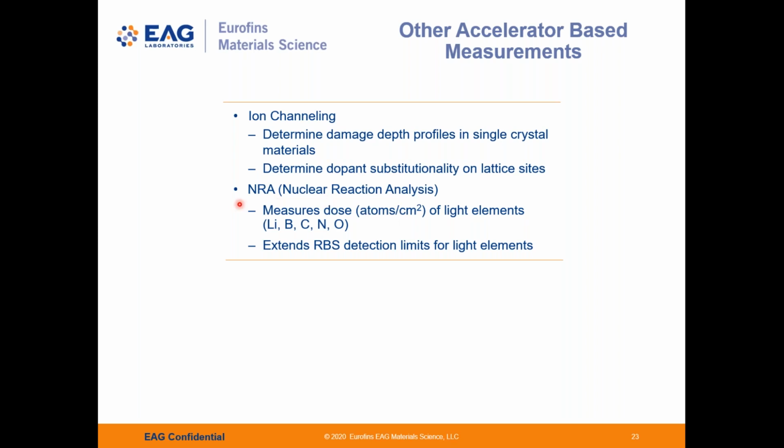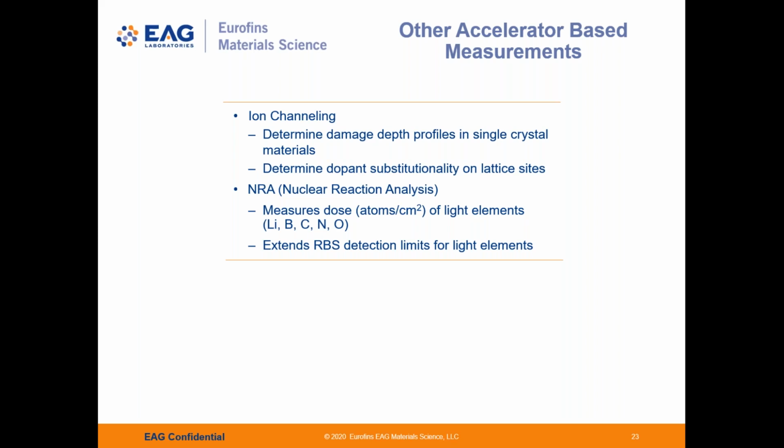In NRA, or nuclear reaction analysis, the incident ions, such as helium or hydrogen, impact the target atoms with sufficient energy to overcome repulsive electrical forces, allowing the incident particles to interact with nucleons in the target matrix. A short-lived excited nucleus is formed.